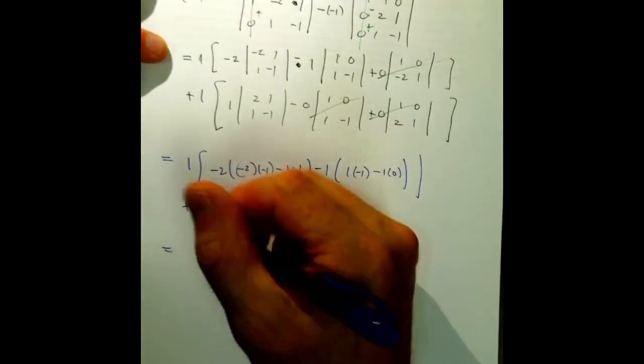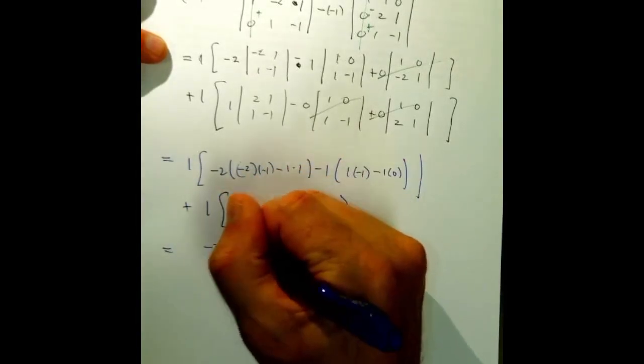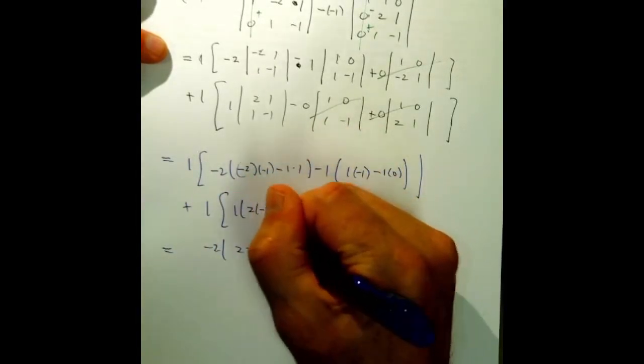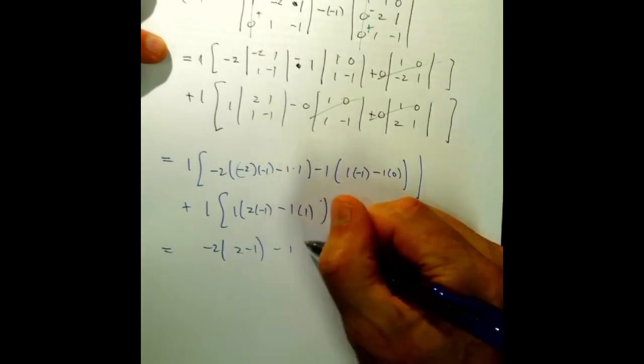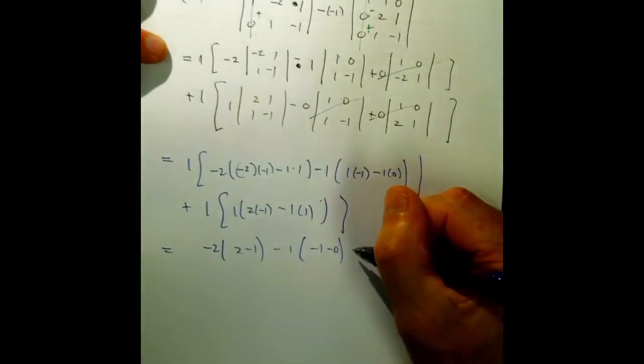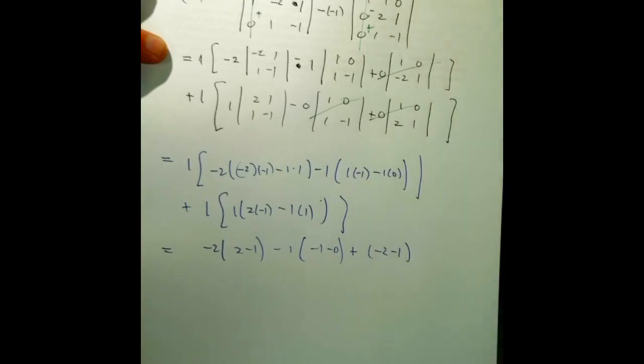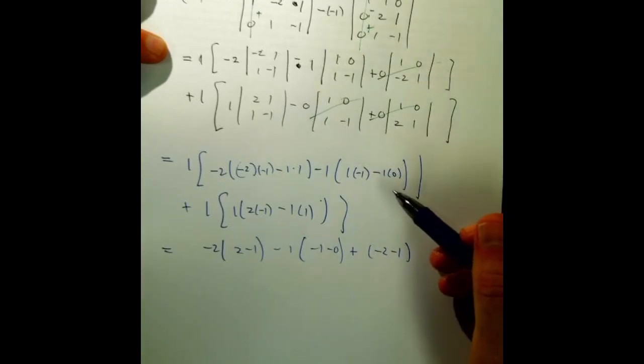So don't have to worry about the 1s anymore. So this becomes minus 2. This becomes 2 minus 1. Minus 1 times, this is minus 1, minus 0. Then this becomes plus. So 1 times minus 2 minus 1. Is that correct?